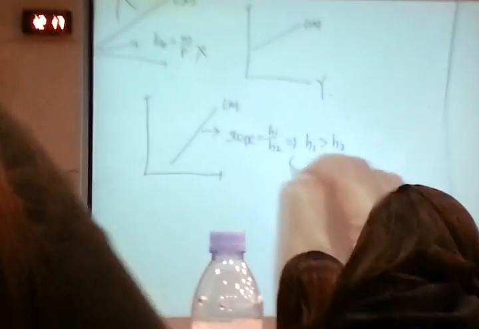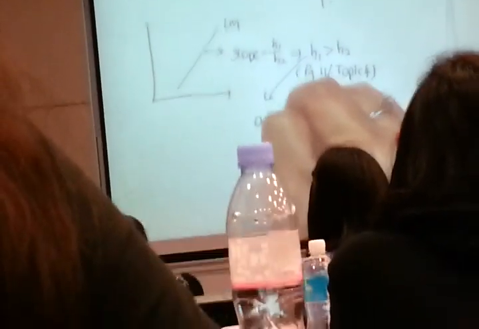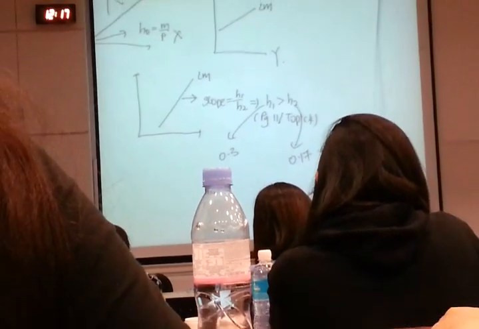And the second reason why the LM is fairly steep is because the slope is H1 over H2, and H1 is usually more than H2. We have done this in topic 4, page 11. H1 is usually about 0.3, H2 is only about 0.17.